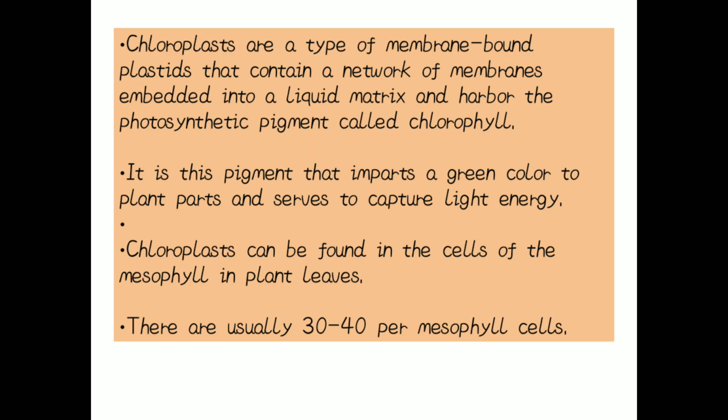So friends, as we know, chloroplasts are a type of membrane-bound plastid which contains networks of membrane embedded in the lipid matrix, and the photosynthetic pigments present in the chloroplast, that is chlorophyll pigments, which vary.